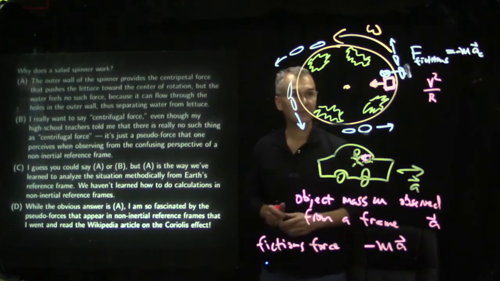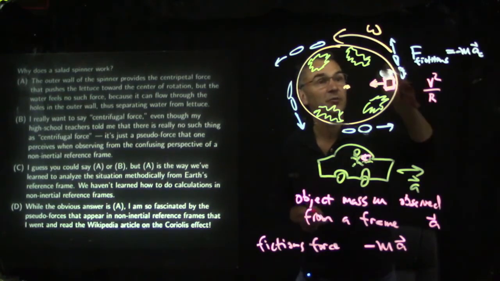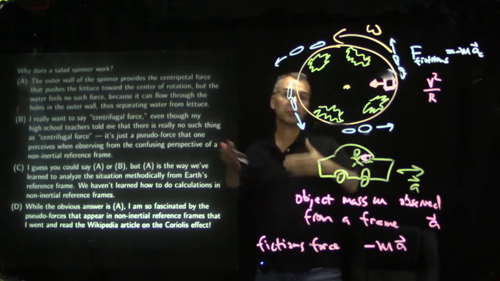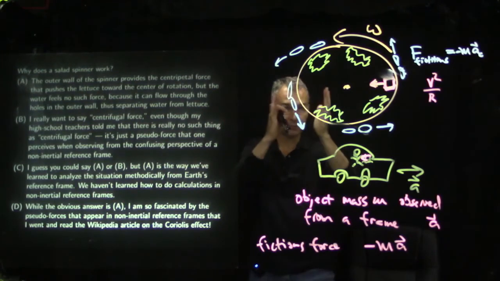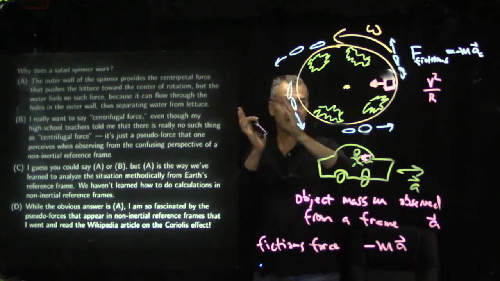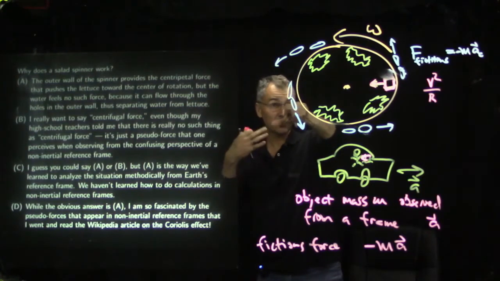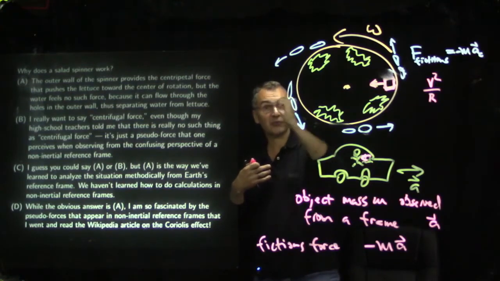But let's back up a little bit and not go there. That same explanation will tell you why the books fall off of your bookcases during an earthquake and so on. It's because the frame of the building is now accelerating. And if the building is accelerating that way, then from your perspective, the books on your bookcase are experiencing a fictitious force this way.